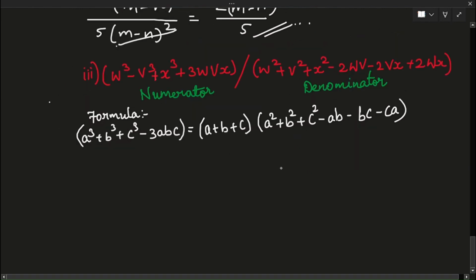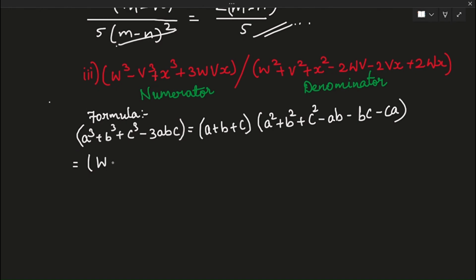Now let's see the third sum. So this is in the form of a cube plus b cube plus c cube minus 3abc. Okay, so let's see how to write this one. So we can write it like a is w, b is minus v, c is x. Okay, then what is a square? So w square, plus what is our b?